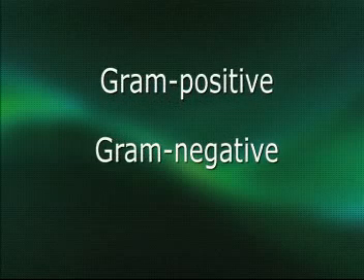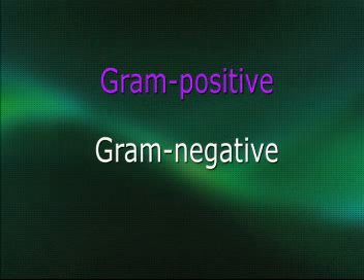If bacteria are stained purple by Gram's stain, they are considered gram-positive. If bacteria are stained pink by Gram's stain, they are considered gram-negative.